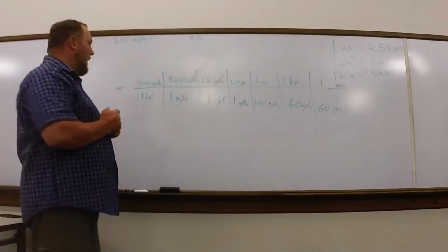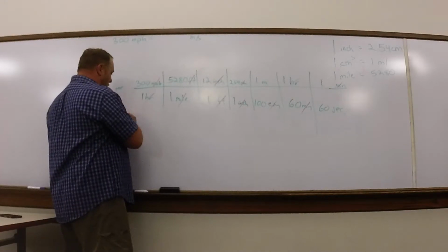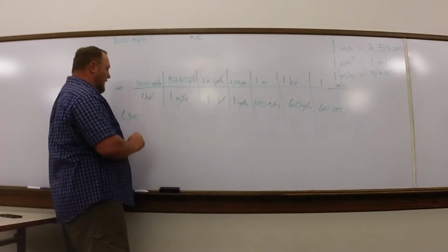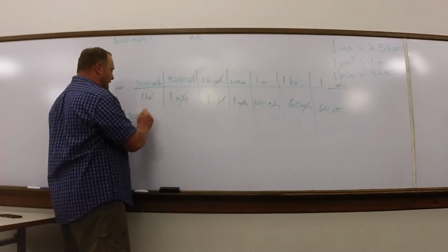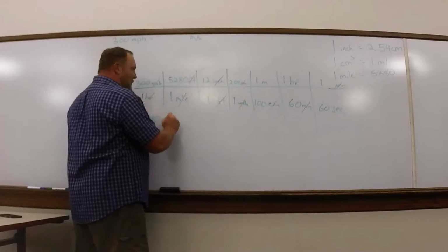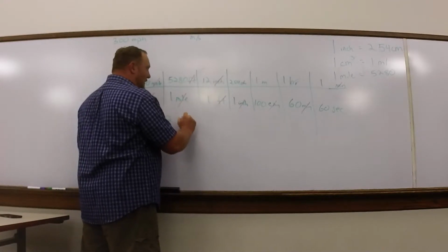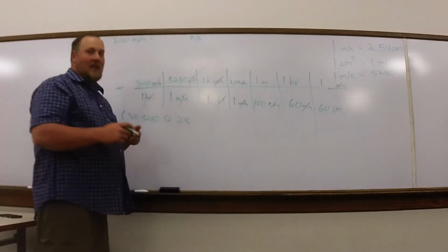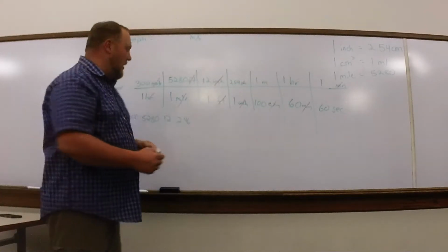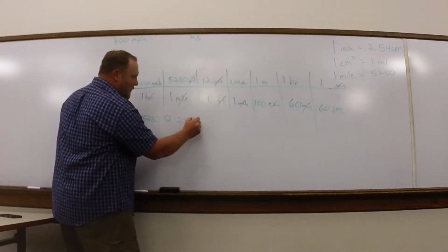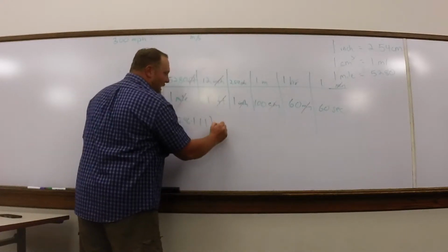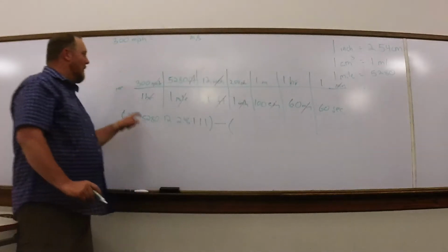Since we are at our known units that we need, it is now time for the easy part, plug and chug. We open our parentheses, we multiply the products across the top. 300 times 5,280 times 12 times 2.54. I'm going to go ahead and leave out these ones, right? Times 1 times 1 times 1 doesn't change anything. But if you had to, times 1 times 1 times 1. Divided by, open our parenthesis again.